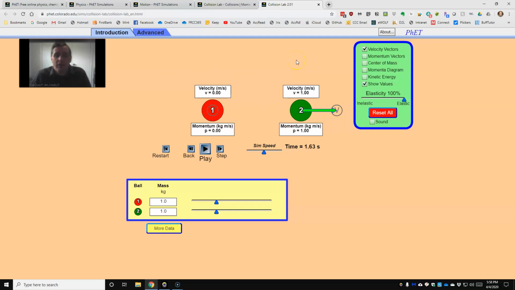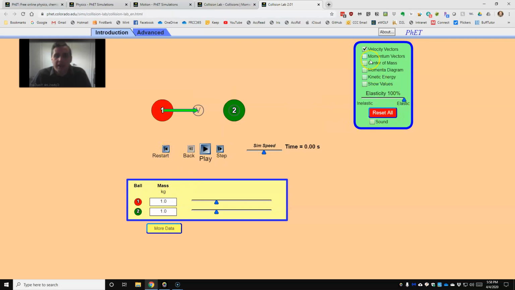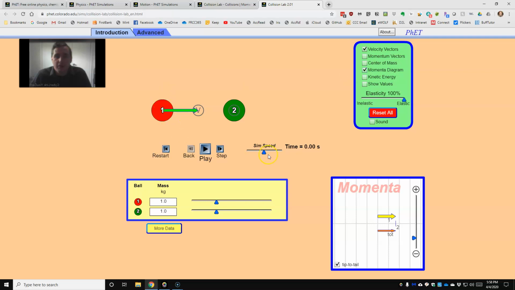And furthermore, let's describe this all in terms of one-dimensional collisions, a single axis. So if I bring the balls back and instead I show the momentum vector, and suppose I show the momentum diagram, notice that all the momentum before the situation equals all the same momentum after the situation.